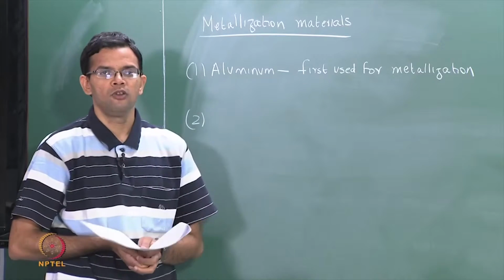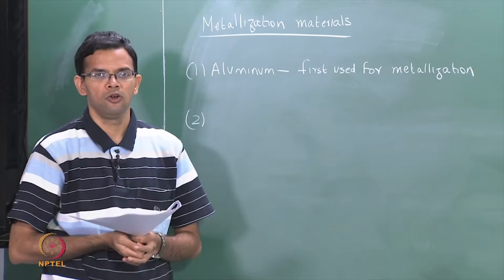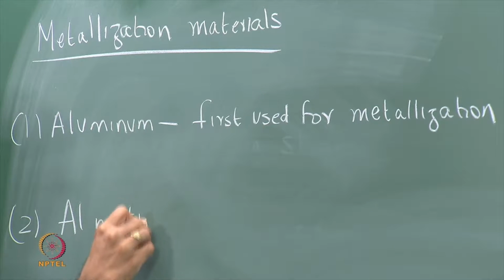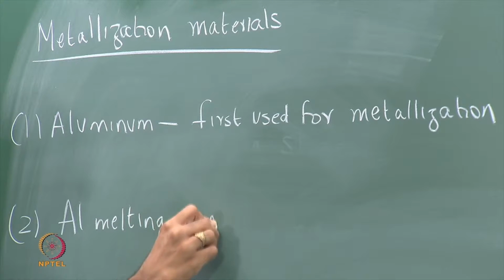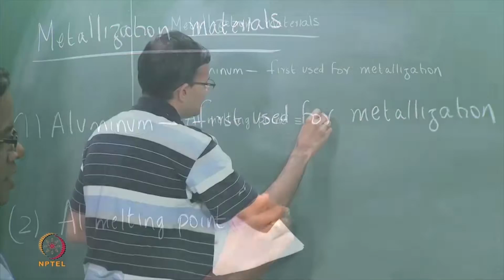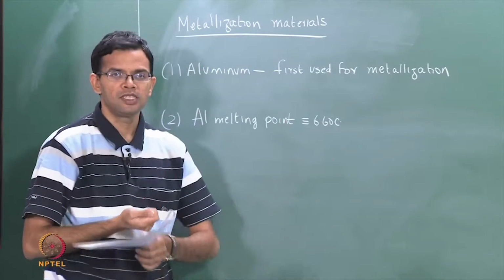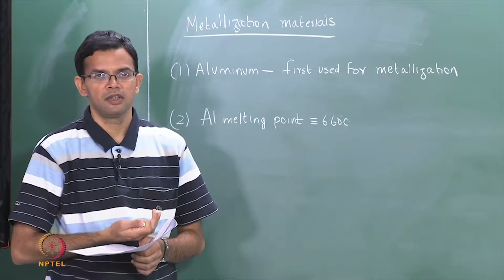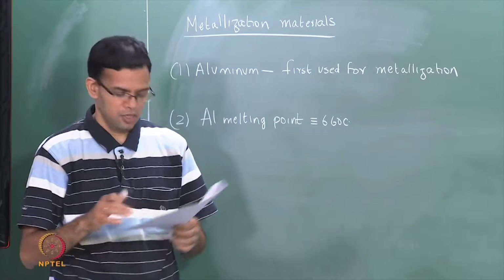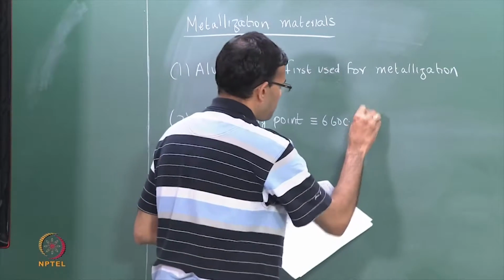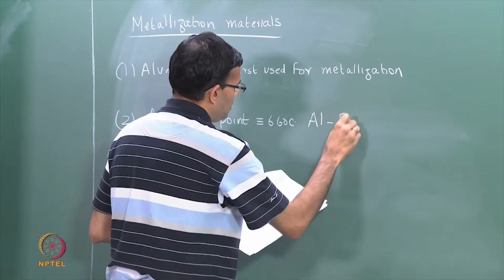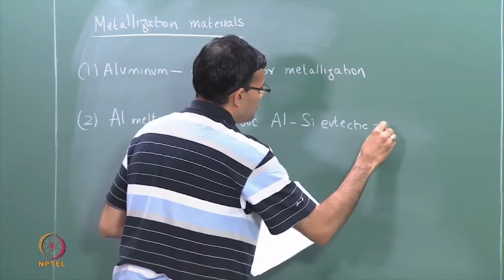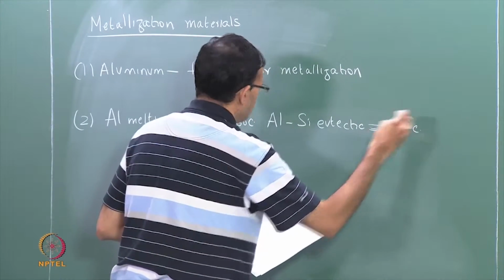One of the drawbacks of aluminum though is that aluminum has a low melting point. So aluminum's melting point is typically 660 degrees, but along with silicon, if you look at the aluminum silicon phase diagram, it forms a eutectic, and the eutectic has an even lower melting point. It's around 577 degrees.